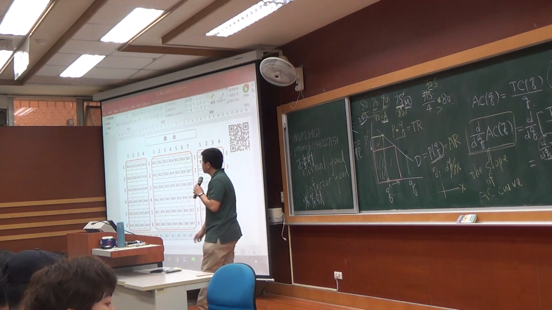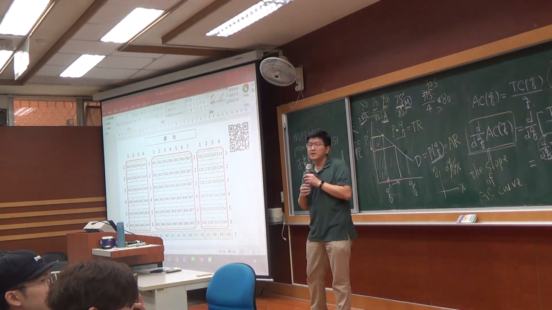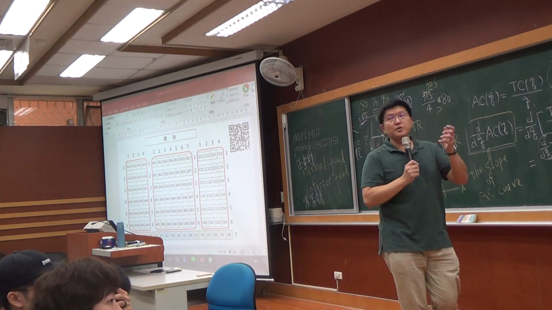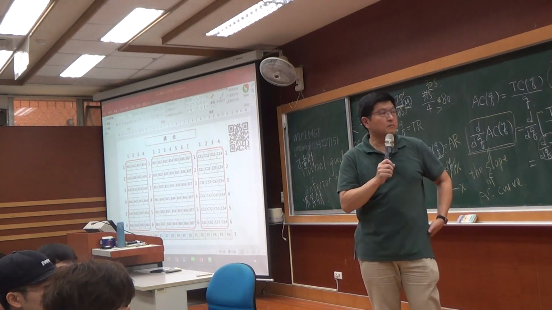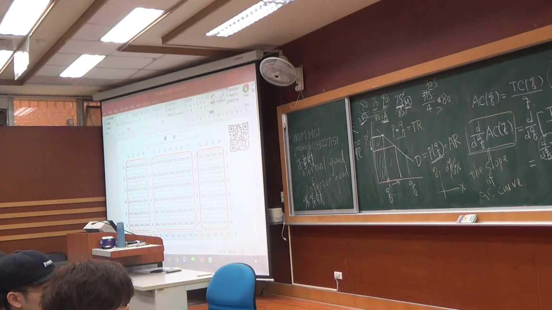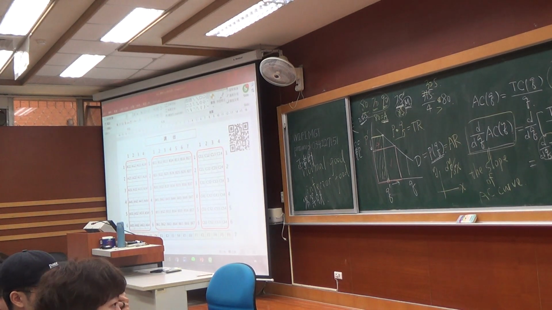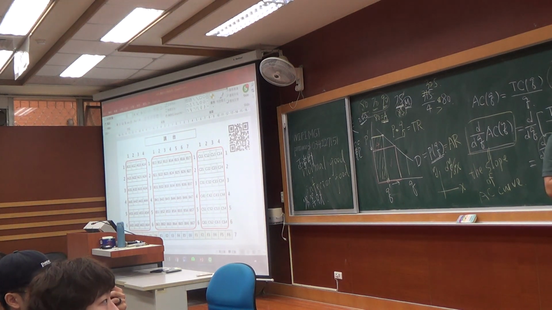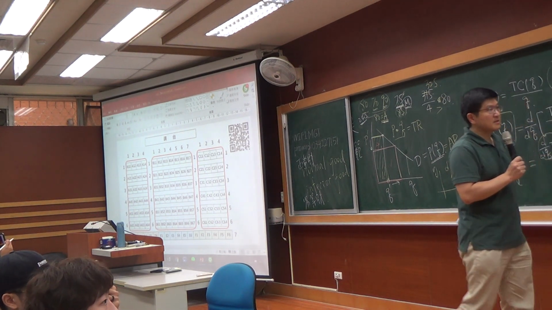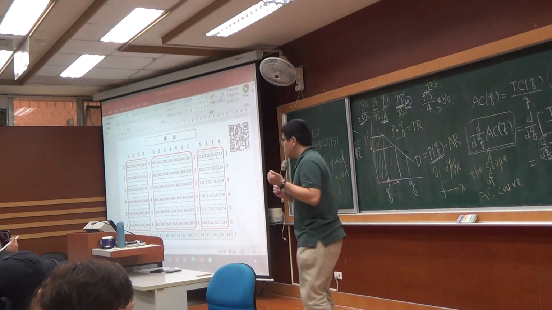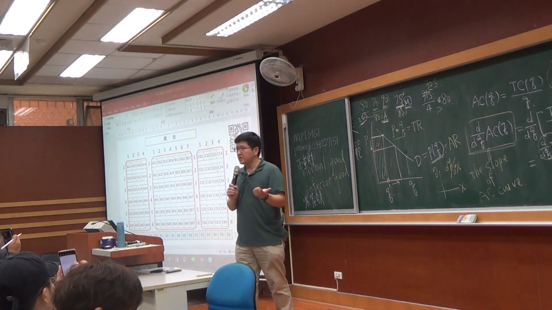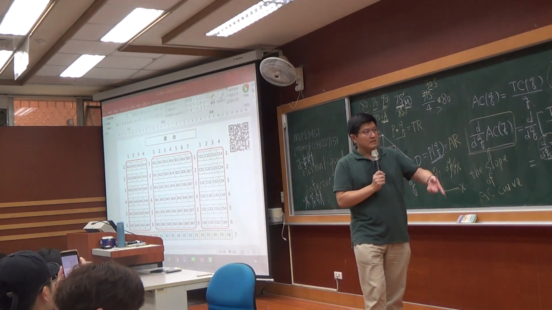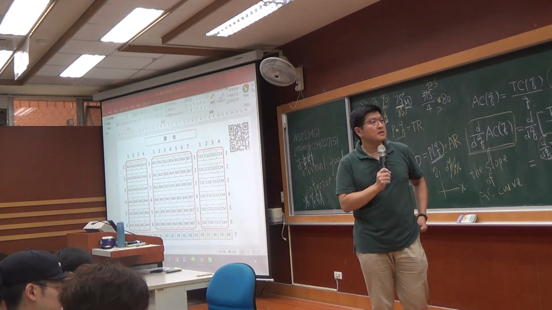Okay, now you can scan the QR code. You scan the QR code and you will go to a Google form. Please input, this is the stage, input your seats. So I need your name, your student ID, and your corresponding seats.